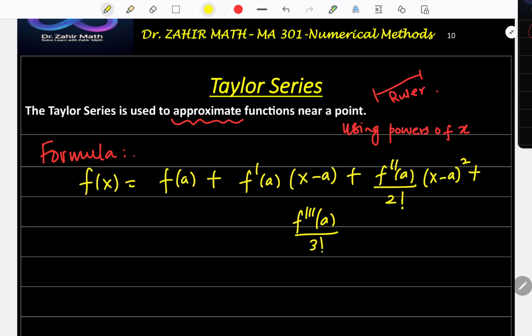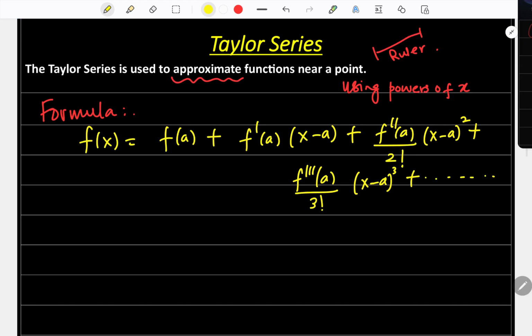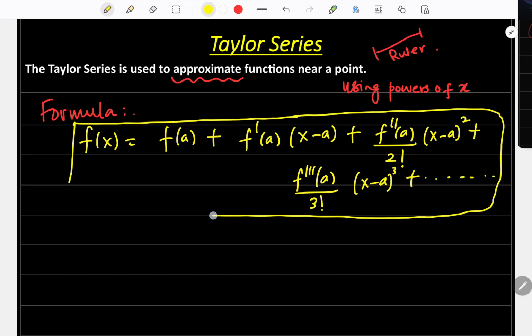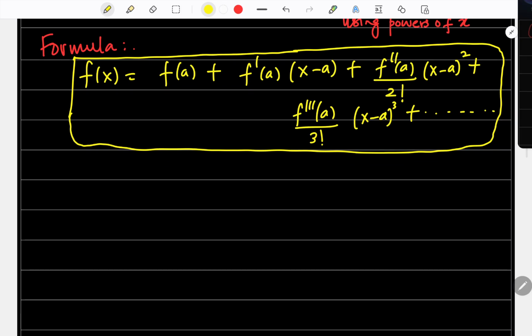Times x minus a the whole cube, and so on. This is the formula to find the Taylor series. Why, teacher, are you writing this formula? What is the connection between the approximation and the error in this? Wait and see. Right.